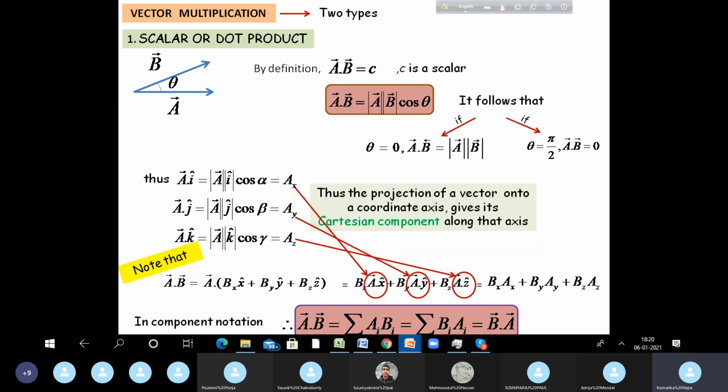So for the dot product, you have to remember these two expressions. Both ways of writing the dot product are correct. Both ways are in use, and we will see that when doing a problem, we will require both expressions. A dot B equals AB cos theta if you know the angle between them. A dot B equals ax bx plus ay by plus az bz if you know the component form. So both formulae are required to be remembered.